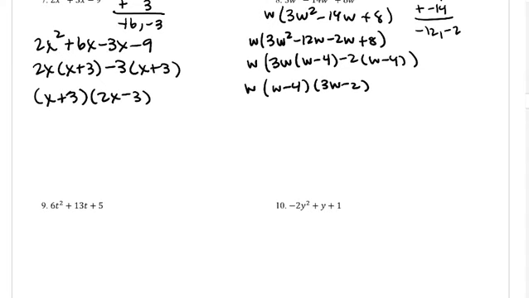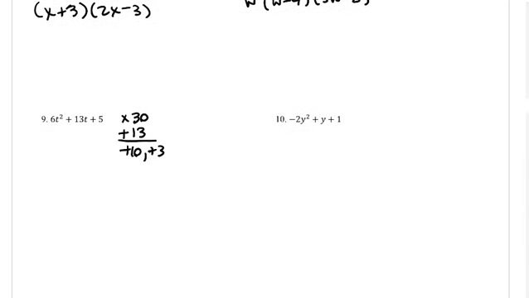Okay, looking for two numbers that multiply to 30 and add to 13. That's going to be 10 and 3. So we'll split that middle term that way. Remember, it doesn't matter what order you split them in. It's going to work out the same either way.